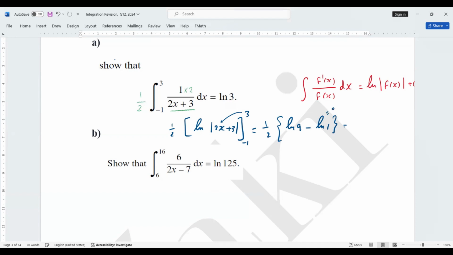Then it's half ln 9. But here, 9 is 3 power 2. Then we can say half ln 3 power 2. This 2 comes in front. So 2 times half ln 3. Cancel half with 2. So the answer is ln 3.